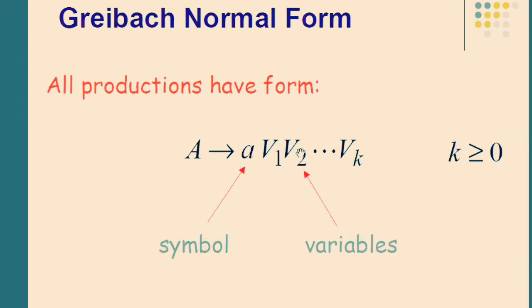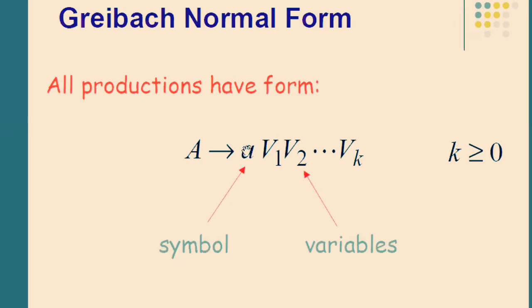So you can derive V1, you can derive V2, or you can derive Vk because they are variables. So in Greibach normal form, there will not be any leftmost recursion. That is one point that you should know about Greibach normal form.